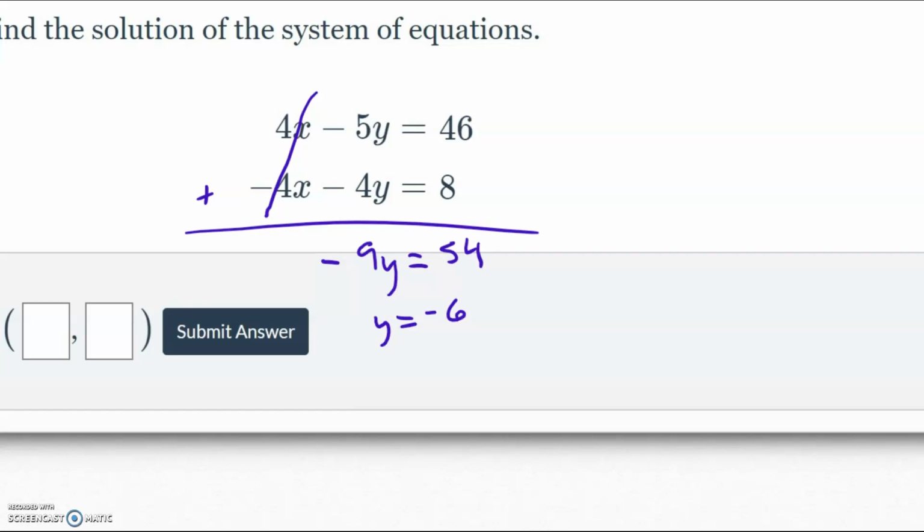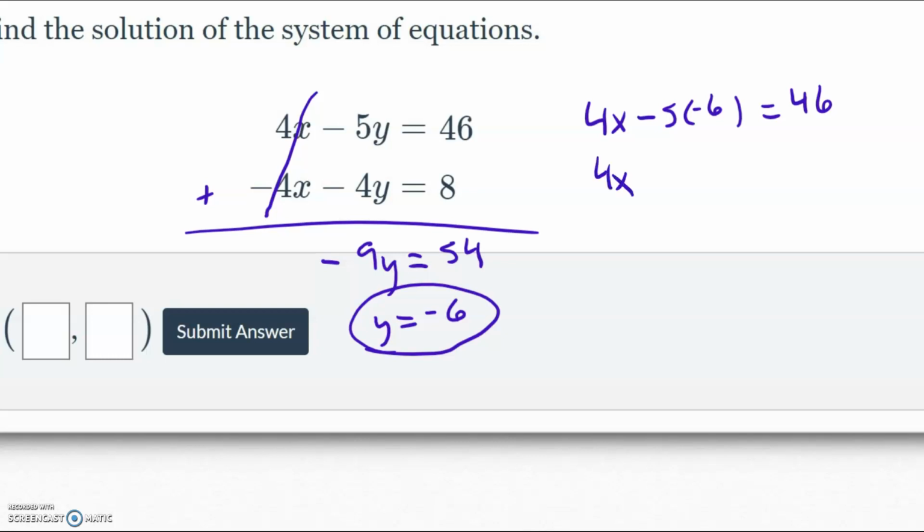All right, I'm going to take that negative 6 and plug it in. So where am I plugging it in? Into one of the y's. It does not matter. I'm going to go into the top one. 4x minus 5, instead of a y, I'm putting in negative 6, is equal to 46. 4x, multiply those two, I'm just simplifying here, and we get positive 30 because it's two negatives.